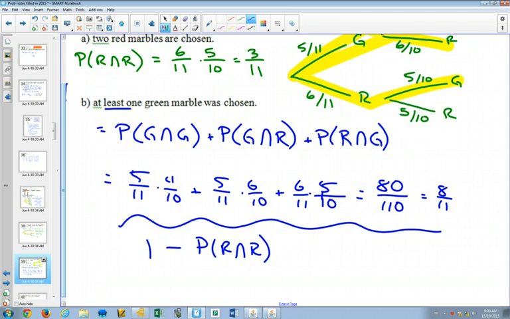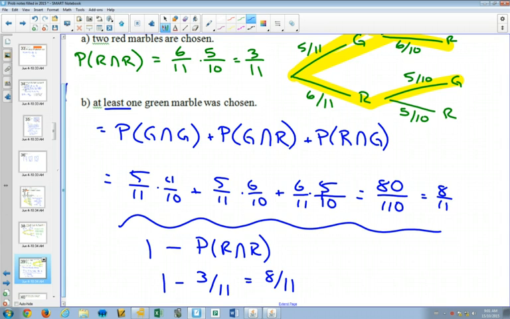Now, what's the probability of getting red and then red? Well, we figured that out in part A. That was 3 out of 11. And if you do 11 out of 11 minus 3 out of 11, sure enough, you also get 8 out of 11. That takes a lot less work than adding up your 3 cases.